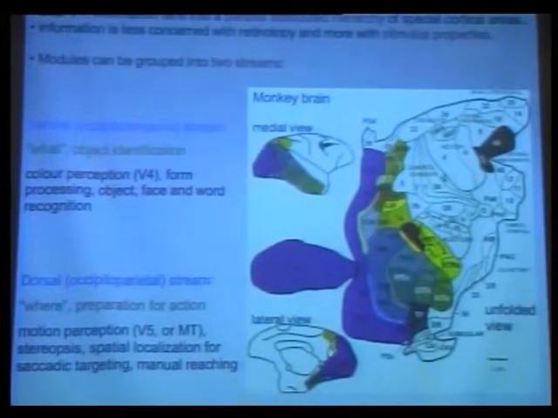That's not true when you get beyond striate cortex. When you get beyond striate cortex, the information doesn't really care so much about where in the retina the light is falling. It's more to do with what specific type of visual stimulation is occurring. Now we can group these into two streams, which I'm going to use for this talk, a ventral stream and a dorsal stream.